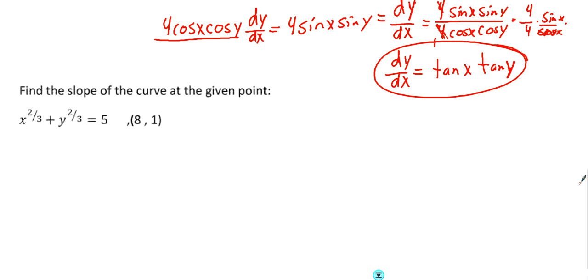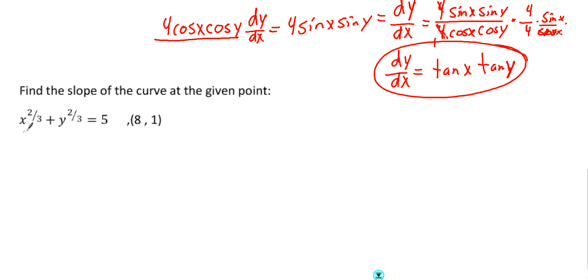All right, and then the last one, find the slope of the curve at the given point. Okay, so again, slope is nothing more than the derivative. Especially if it says find the slope at a point, then you have to do it implicitly.